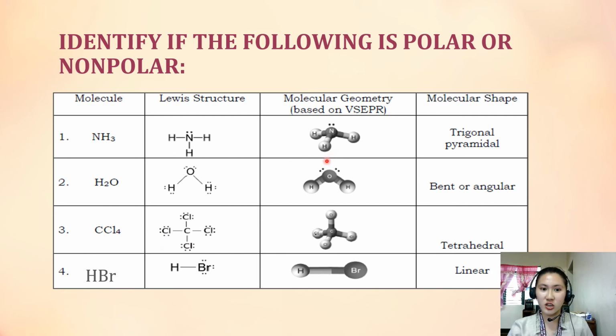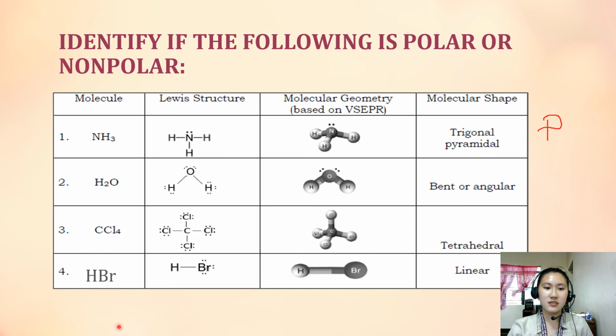And another question, are all atoms bonded to the central atoms the same? So lahat ba ng atoms or ng electrons ng central atoms bonded ba? Hindi. So, meron pang lacking dito. So, hindi equal yung distribution ng electrons. So, this means NH3 is a polar molecule.